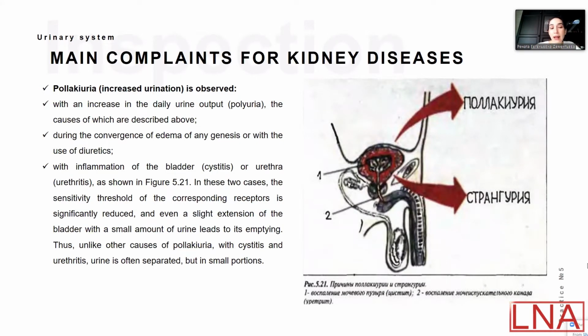Thus, unlike other causes of polyuria, in cystitis and urethritis urine is often separated, but in small portions, due to increased sensitivity. It's not real polyuria, but we can describe it as polyuria, increasing the time of urination, not the volume of diuresis, the time of urination.